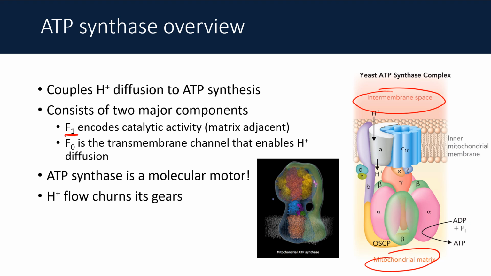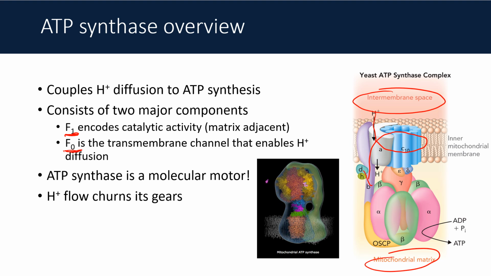The F1 component protrudes into the mitochondrial matrix, the so-called N side, and this is the site that actually catalyzes ATP synthesis. And it's going to be connected to this rotating F0 subunit that's housed within the membrane. And as the protons enter and flow through it, that's going to cause this arm connected to F0 to churn.